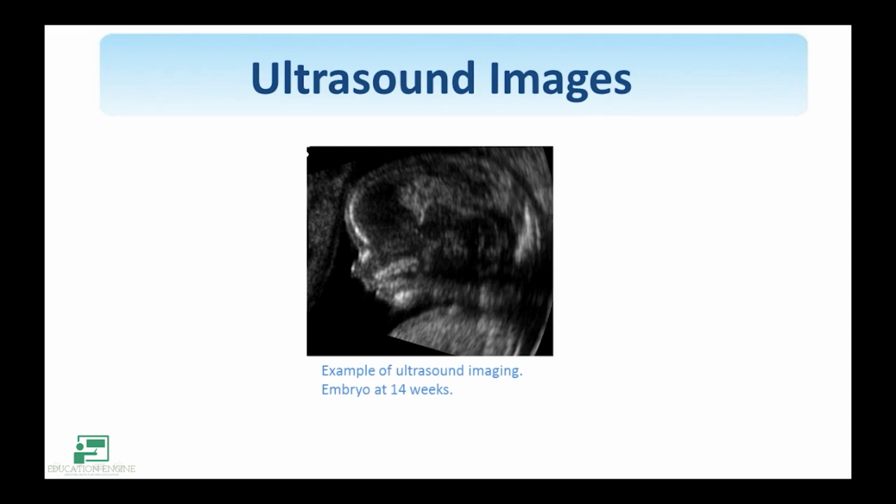At the end, the system displays the distances and intensities of the echoes on the screen, forming a two-dimensional image. And this is the image we see here of this embryo at 12 weeks, or 14 weeks rather.